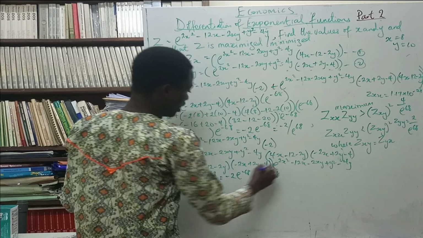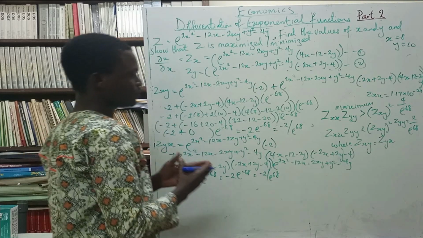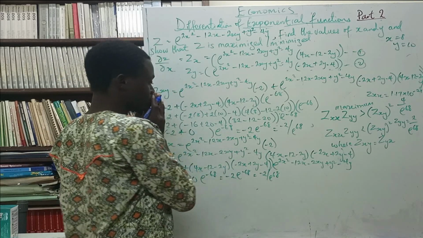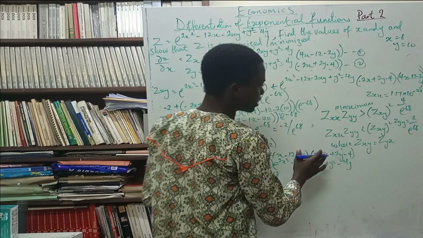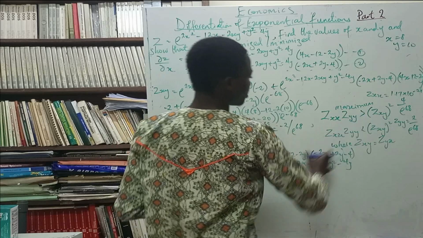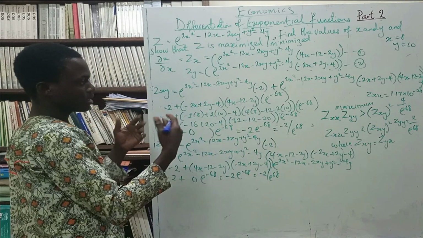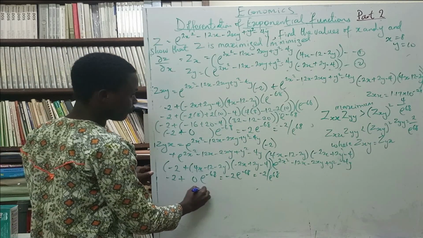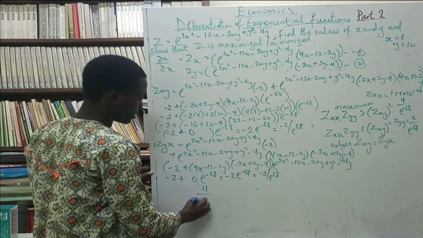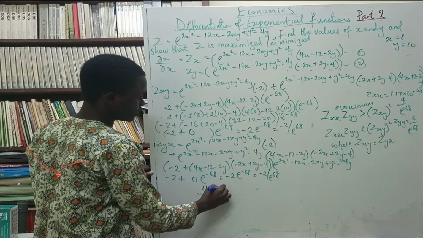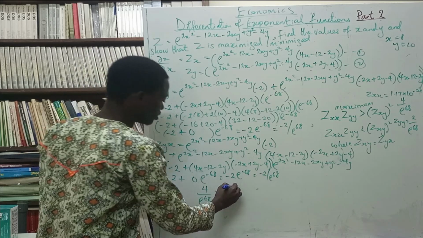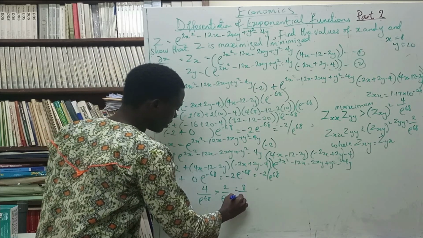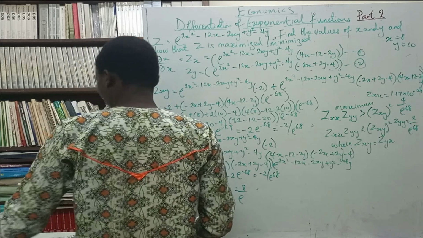So what we have to show now, if this is a minimum or maximum, is we want to check if this will be greater than this or less than it. Zxx times zyy, that will be 4 over e raised by 68 times 2 over e raised by 68. This is going to give us 8 over e raised by 136.